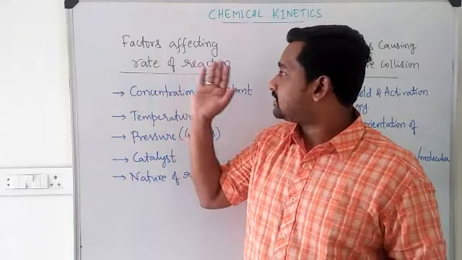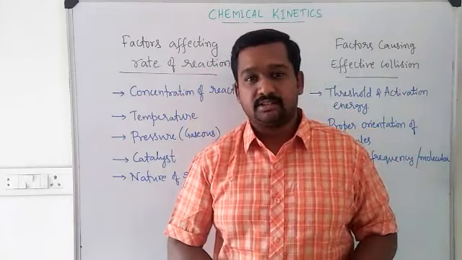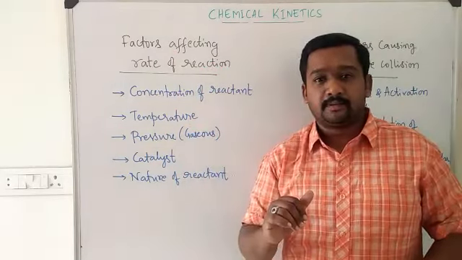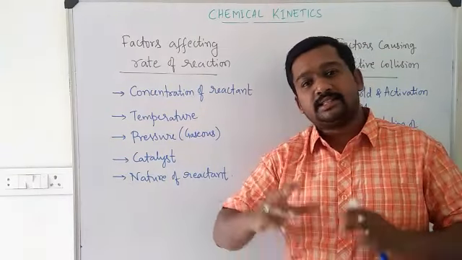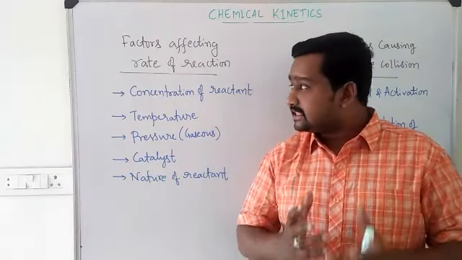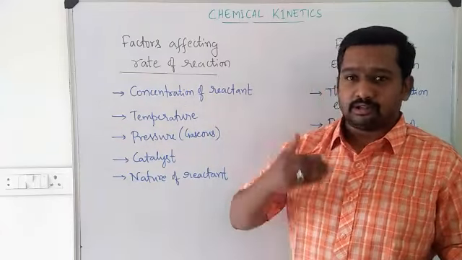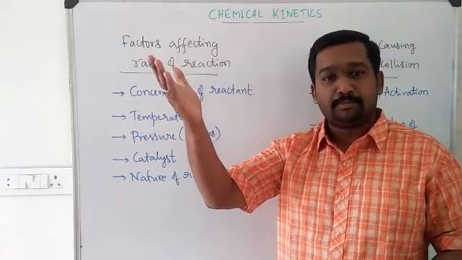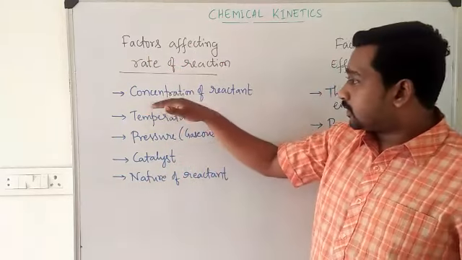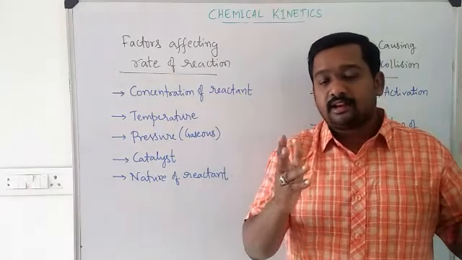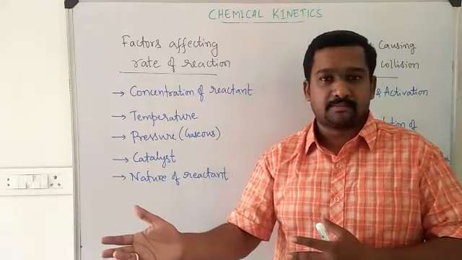First is factors affecting rate of reaction, that is speed of reaction. Concentration of reactant. For reactions other than zero order reaction, we can say that rate depends upon concentration. Sometimes for the first power, sometimes for second power, likewise. So concentration of reactant, if in the beginning concentration is high, reaction rate will be faster.